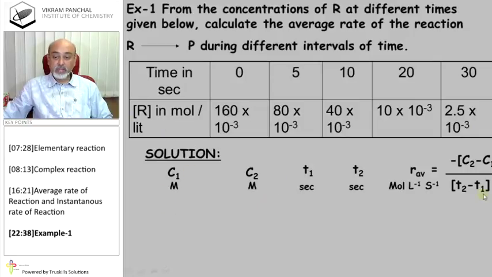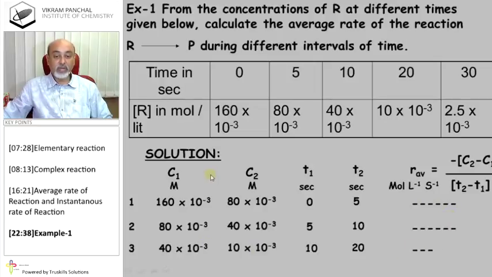So we can use this formula to find the average rate of reaction. For the first step, C1 is equal to 160 into 10 raised to minus 3, and C2 would be 80 into 10 raised to minus 3, with times 0 and 5. Put these values in and you will get the average rate of reaction between 0 and 5 seconds.